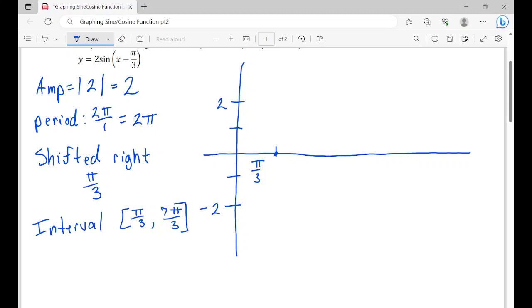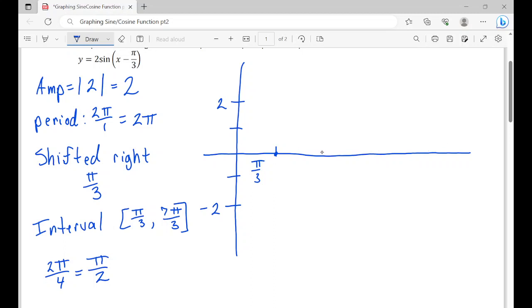The easiest way to graph this is to take your period and divide it by 4. So we're going to divide it into quarters here. So 2 pi over 4 is going to give me pi over 2. So that means every notch I'm going to do on here is every pi over 2 increments.